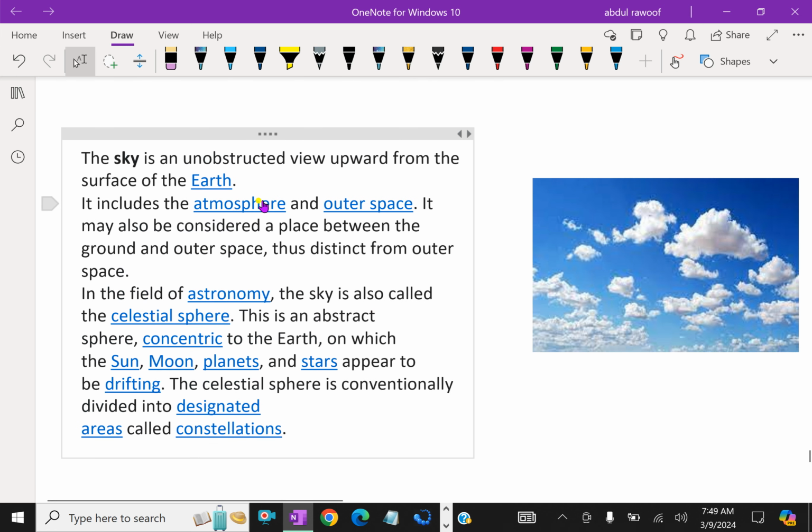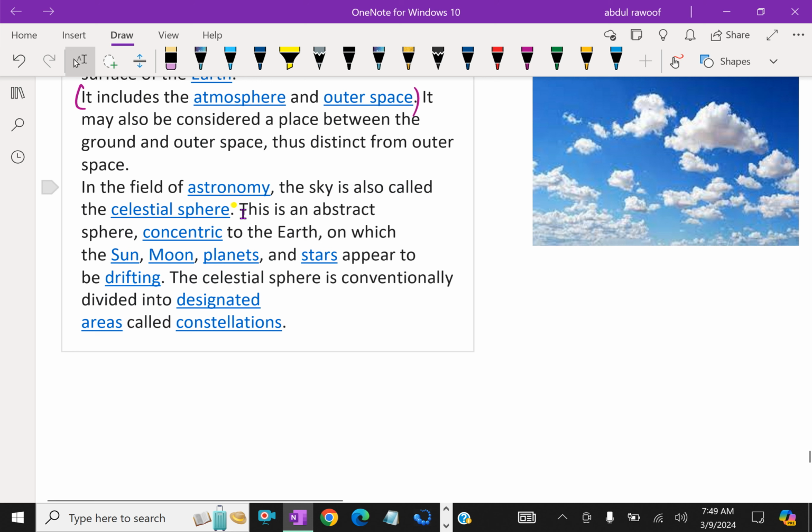The sky is an unobstructed view upward from the surface of the Earth. It includes the atmosphere and outer space. It may also be considered a place between the ground and outer space, thus distinct from outer space.